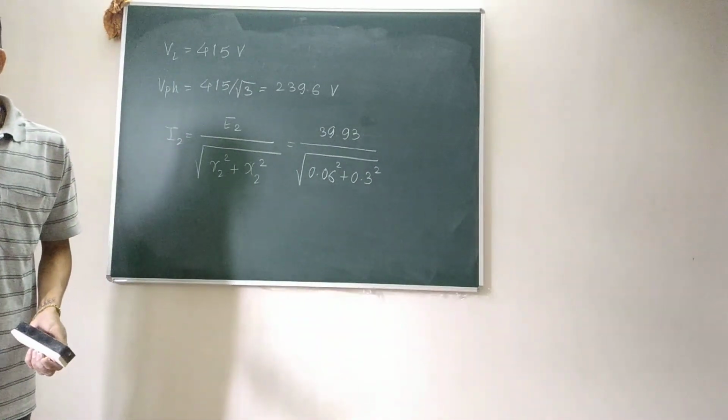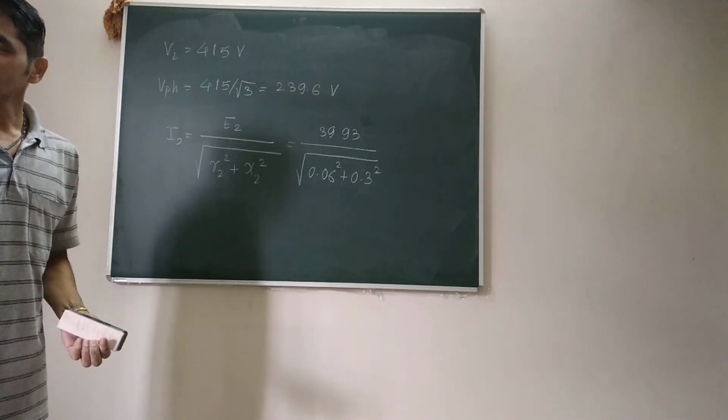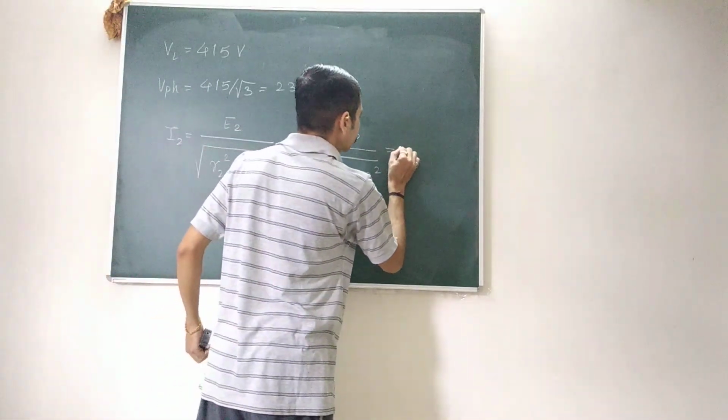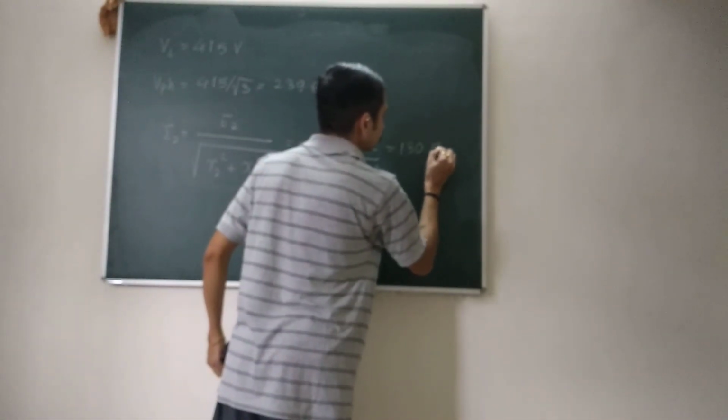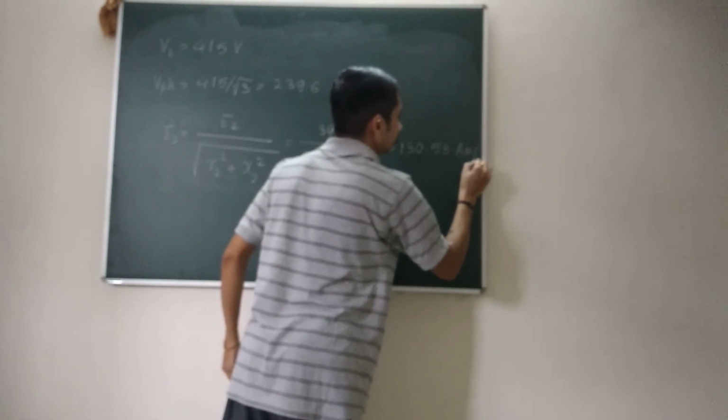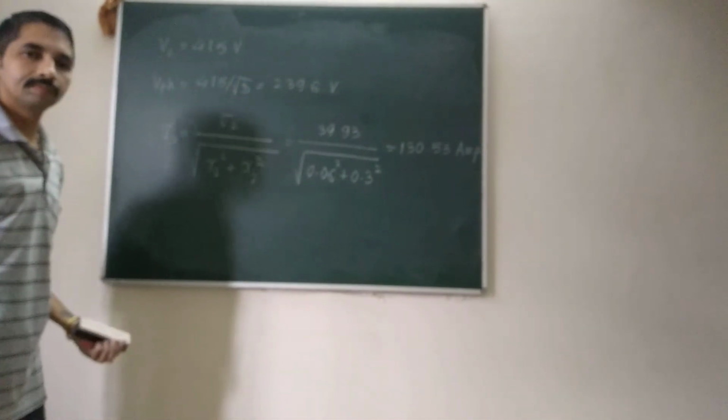Solving it, I get the rotor current as 130.53 amperes.